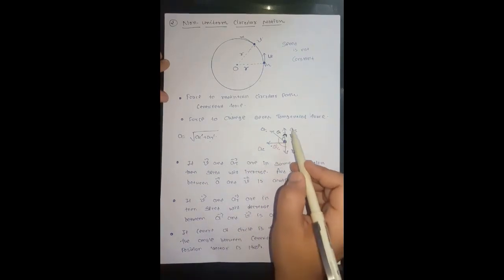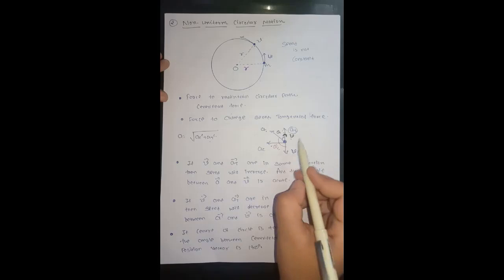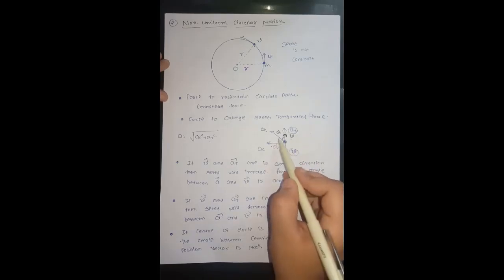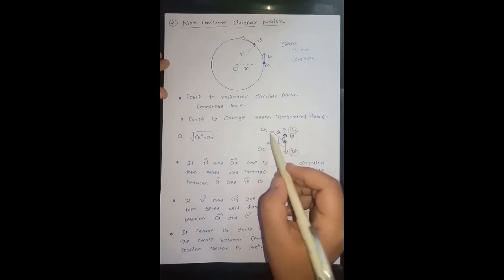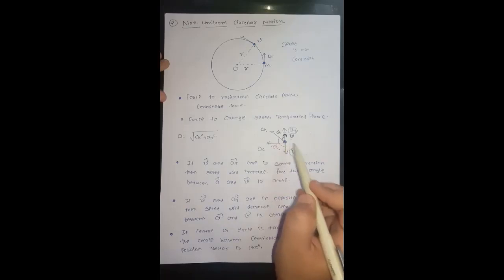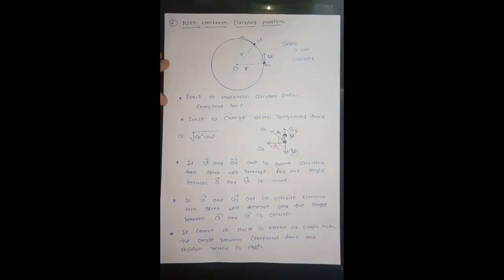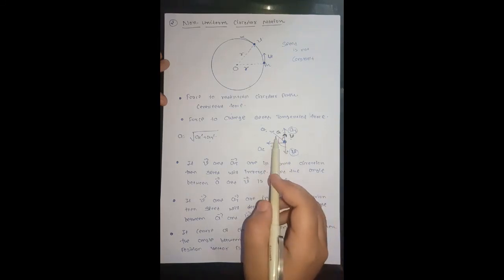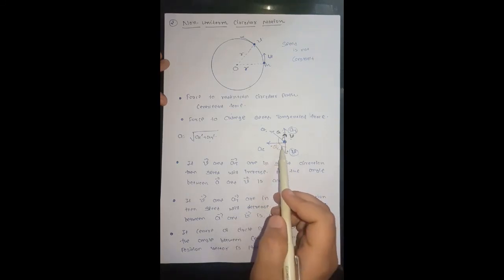Now, if this is the direction of tangential force and velocity is in opposite direction, still the resultant acceleration will be same, A in this direction only, but in this case the angle between velocity and net acceleration will be obtuse.